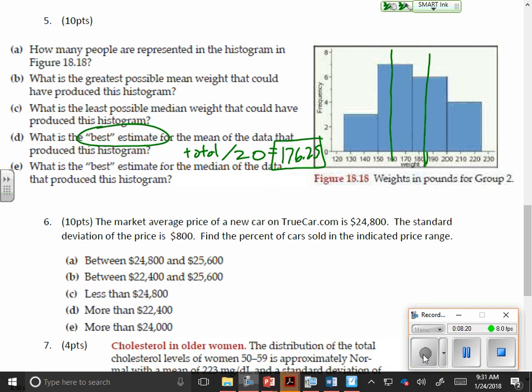So if I put number 10 and number 11 right in the middle of each of their intervals, then I'm right at 175 when I average those two. If I take 162.5 and 187.5 and average them, I end up right at 175.